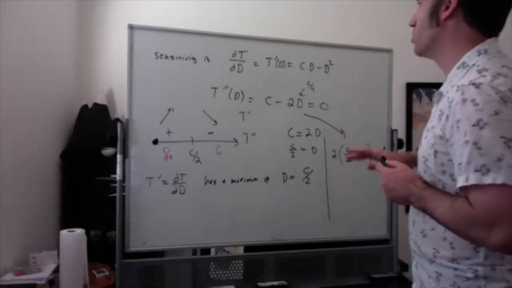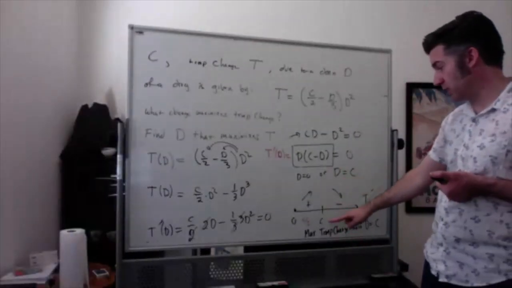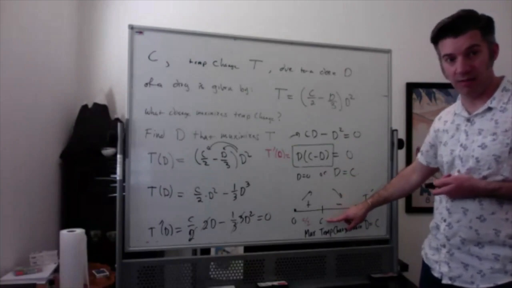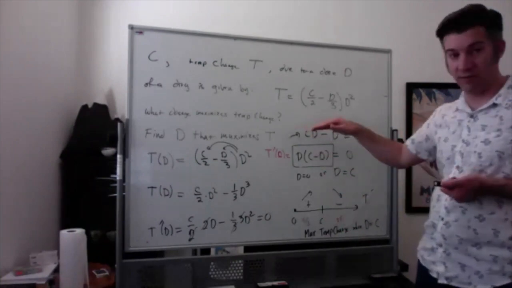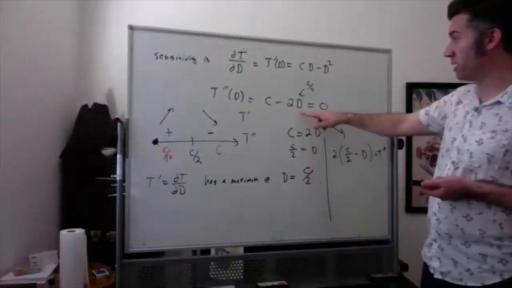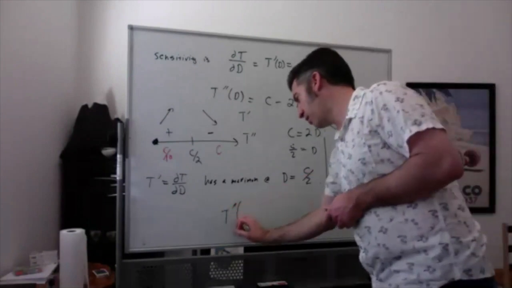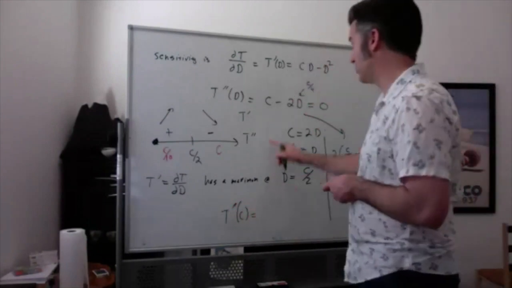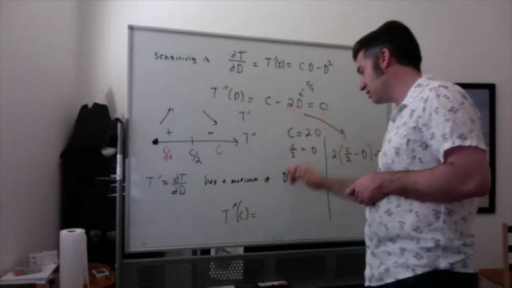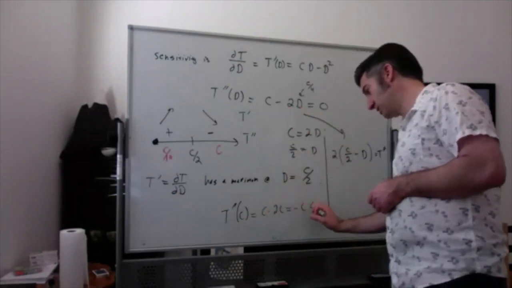Okay, let me back up. For this one here, you could see that C is a maximum of the original function by plugging C into the second derivative. T double prime of C is equal to C minus 2C, which is negative C, which is negative.